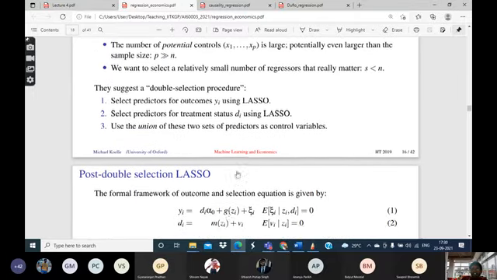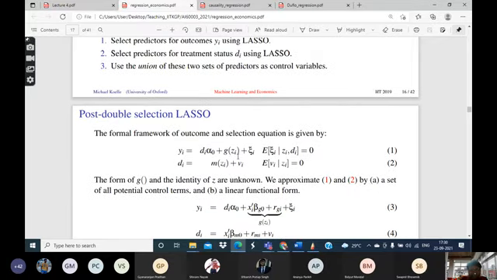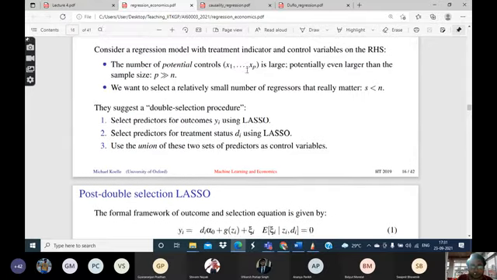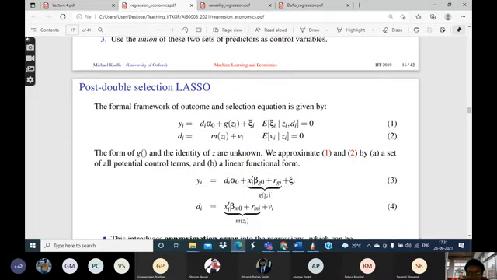Note that this ZI, what they have written here, indicates the collection of all the potential factors which we have, which may be affecting YI, and apart from that it also includes DI. Okay, so this alpha naught is the coefficient of DI, the coefficient of the treatment. Similarly, this GZI can be written in this way.